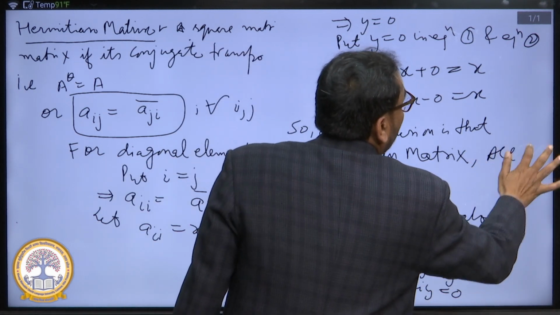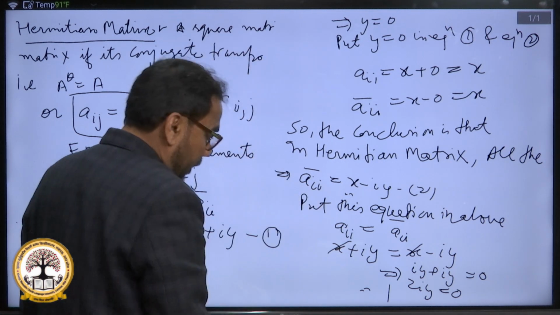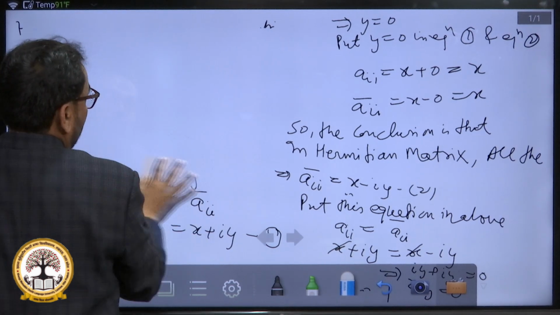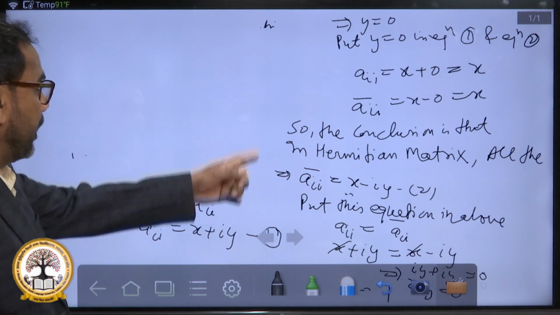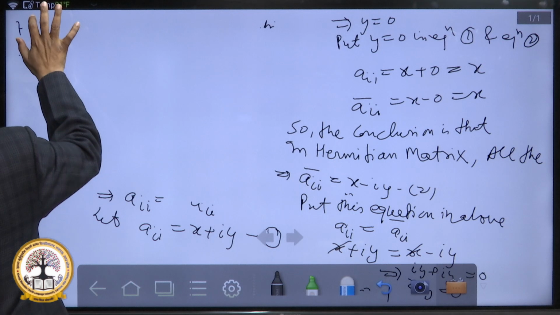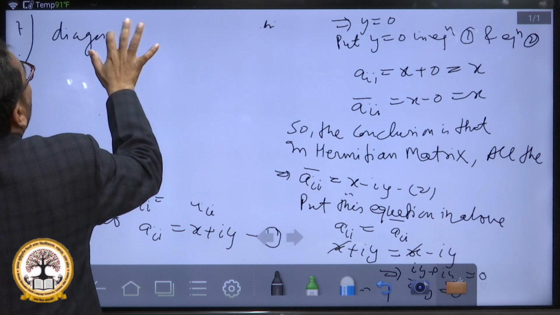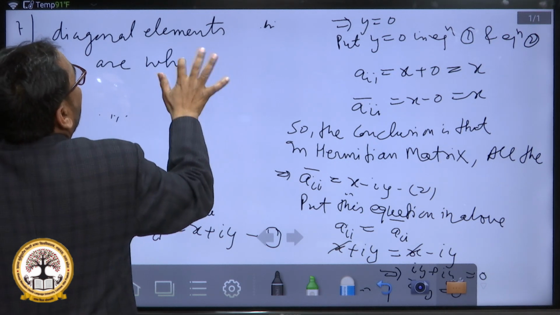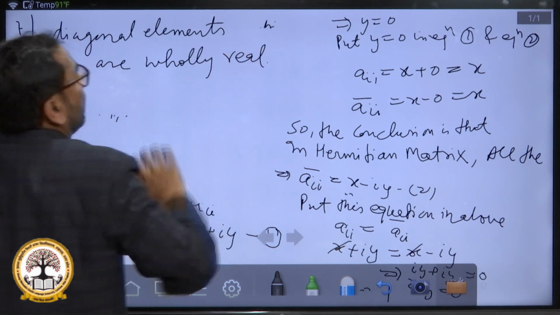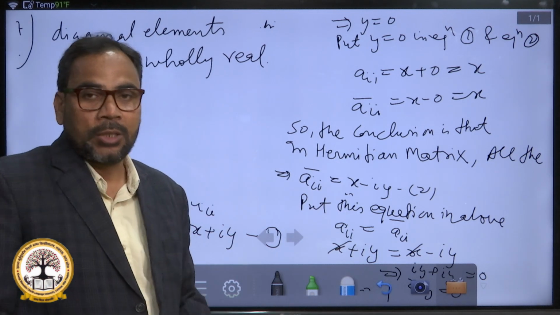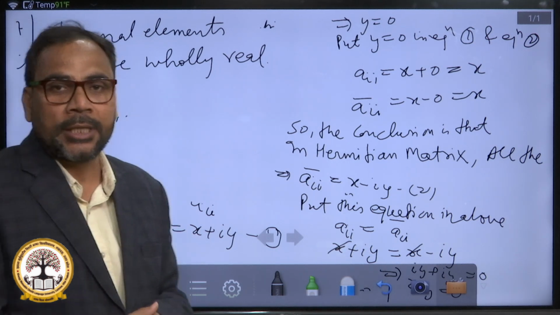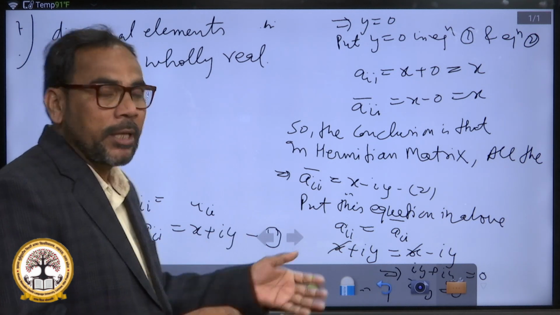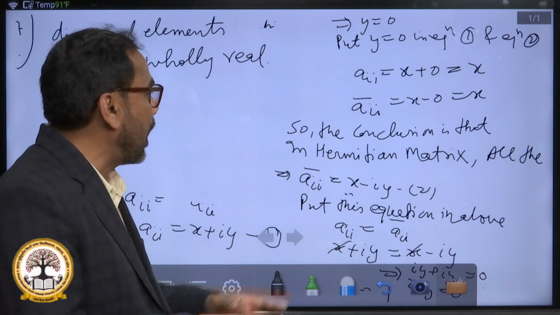So in Hermitian matrix, there are two conclusions: first, the condition A to the power theta is equal to A is fulfilled, and second, all the diagonal elements are wholly real.